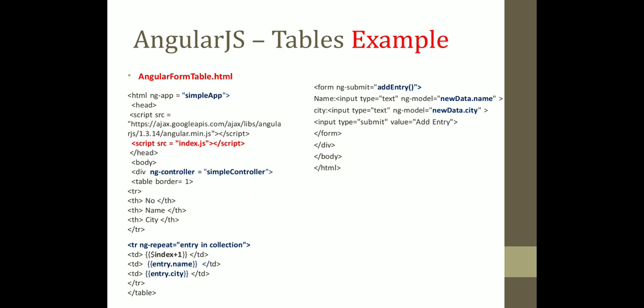We are coding here. So both script tags are included in your head section. Then in the body section we have used directives. The ng-controller is used here, named simpleController.